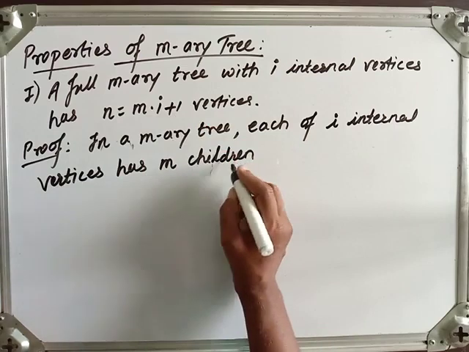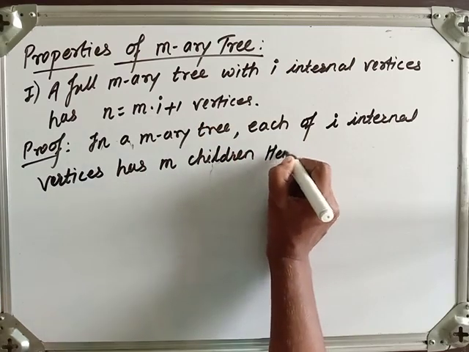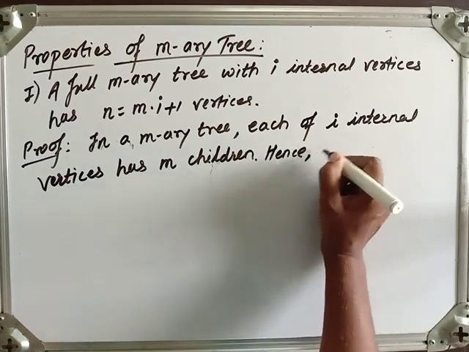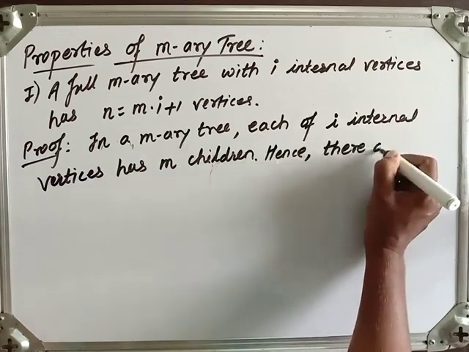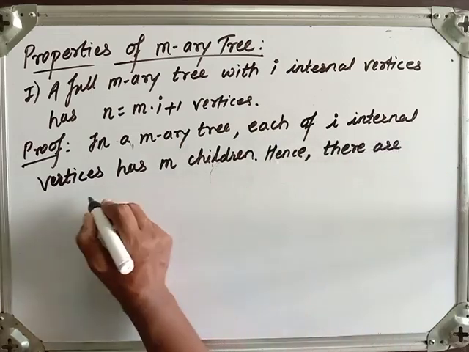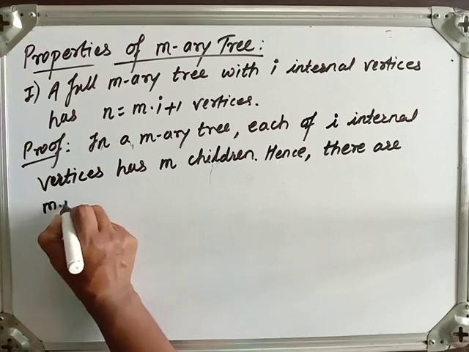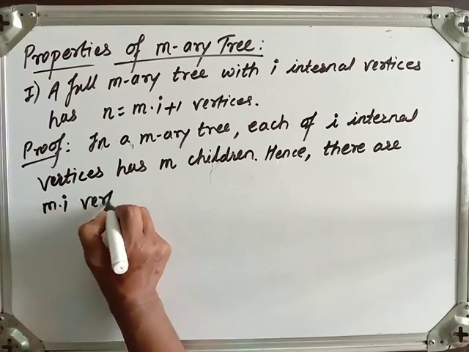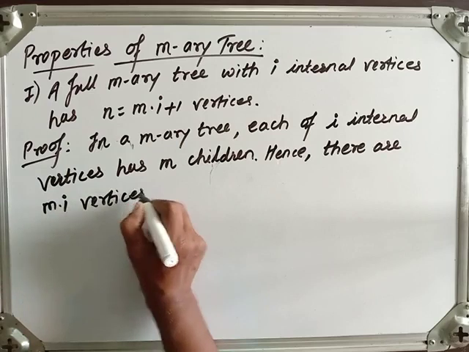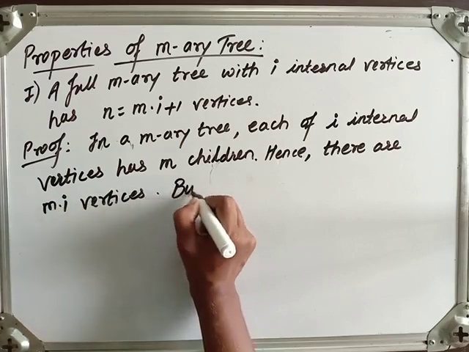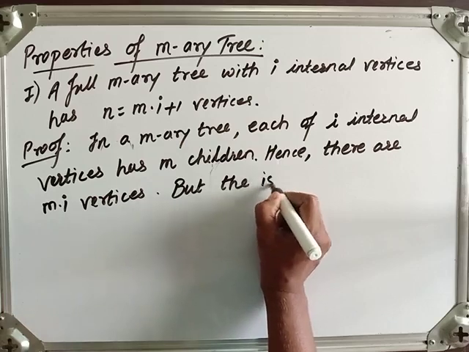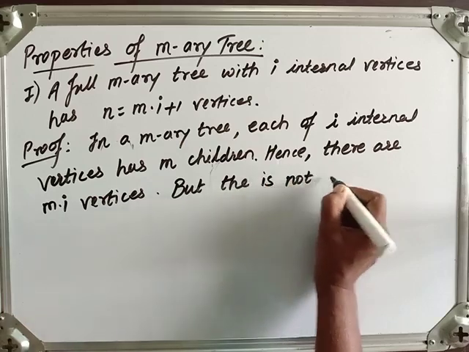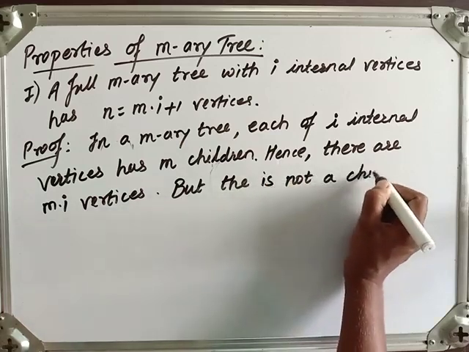The 1 is the root of it. Hence, with m children each, we can say there are m into I vertices. But the root is not a child of any vertex.